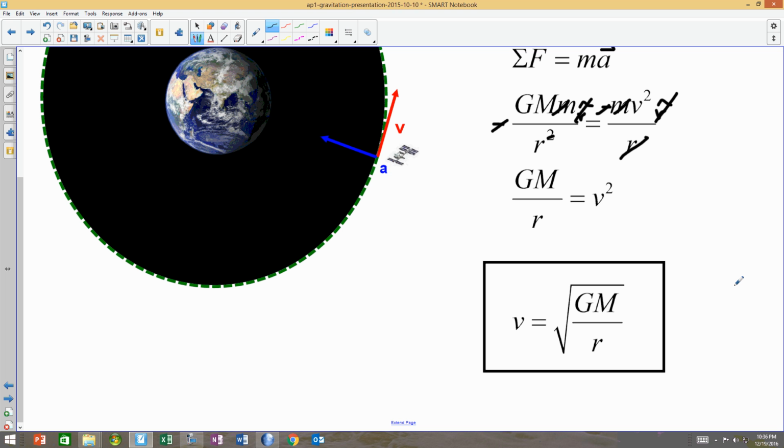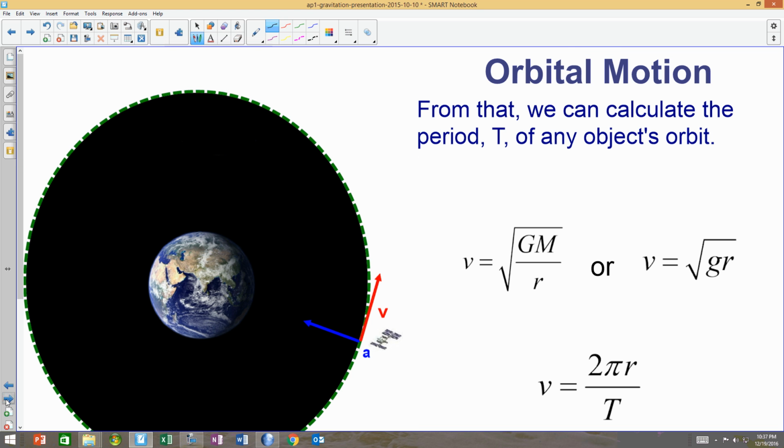So what this tells us is that the speed of the satellite has to be equal to the square root of the universal gravitational constant times the mass of the planet divided by the distance between the center of the planet and the center of the satellite. From that, we can calculate the period of the object's orbit.